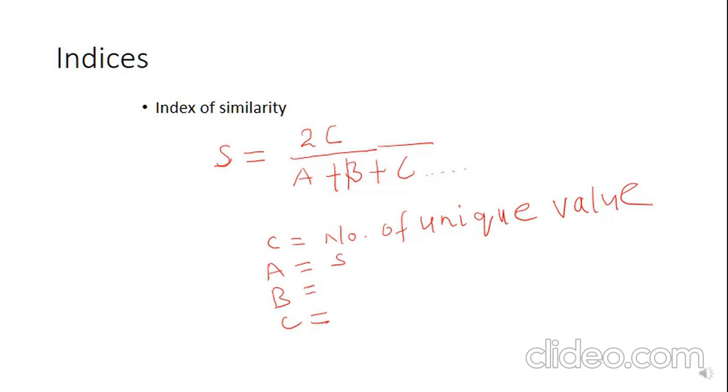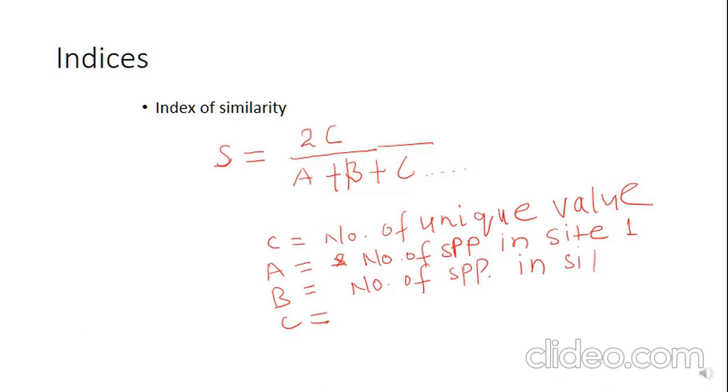A is the number of species in study site 1, B is the number of species in site 2, etc. Here we will calculate the similarity.